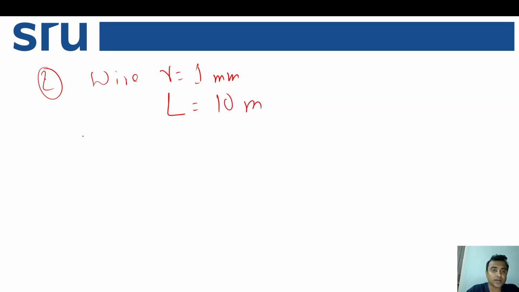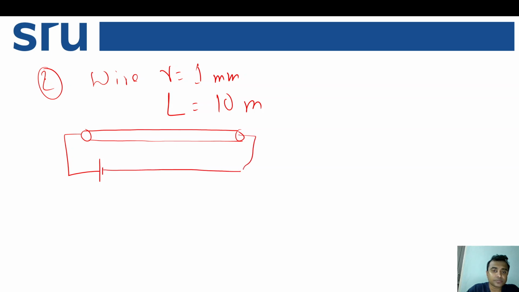Okay, now the current passing through the wire, let's say this is the particular resistance, and it is attached to a voltage source of let's say 5 volt, and the current I passing through it is given as 0.1 ampere.